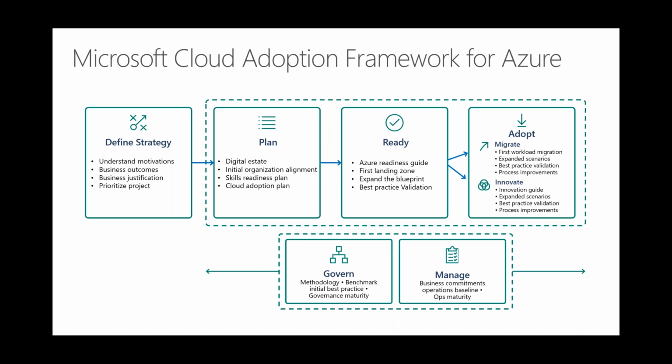And then going into the adopt phase of migrating workloads or innovating. And we're going to really jump more into the innovation side today, talking about application modernization and how you innovate leveraging containers, and give you some foundational information about it and then go in deeper as well.